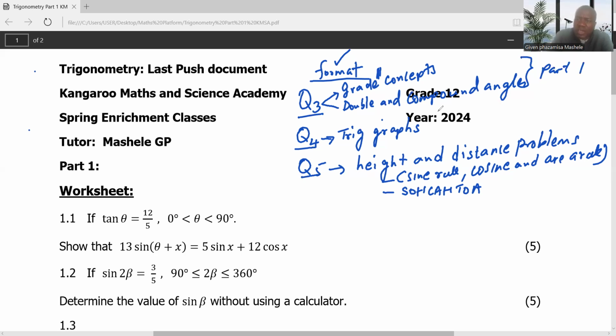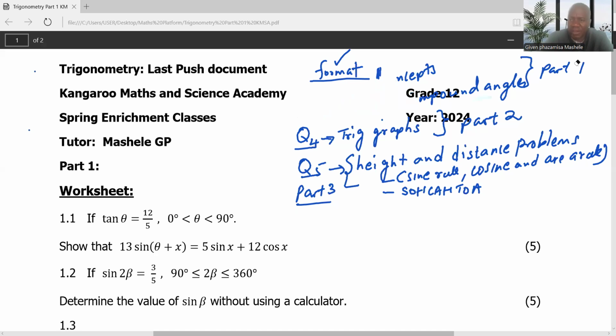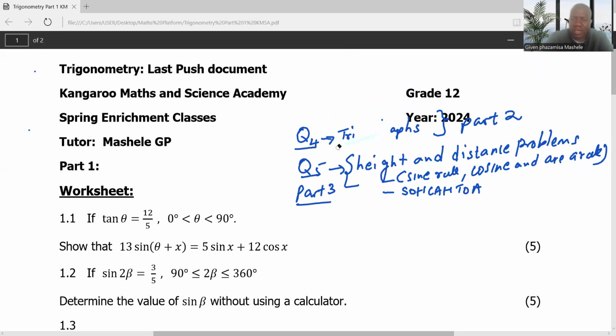In the next video, we'll talk about the trigonometric graphs. And the last one will be the height and distance problem. Without wasting time, let's deep dive into part 1, and I'll also explain what a learner is expected to know in order to answer the questions in part 1.